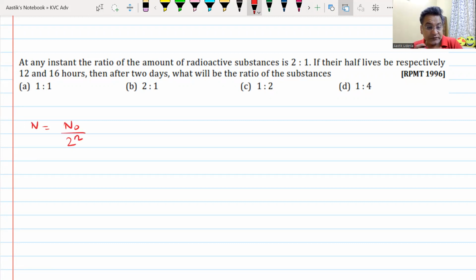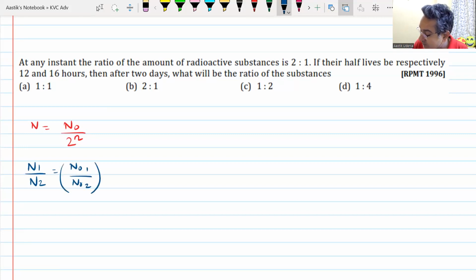So it is directly proportional to the number of nuclei actually present and 2 raised to the power of n. The number of nuclei of 1 divided by the number of nuclei of 2 will be N naught of 1 divided by N naught of 2 multiplied by 2 raised to the power of n2 divided by 2 raised to the power of n1, where n2 and n1 are the number of half-lives of the second and the first nucleus.